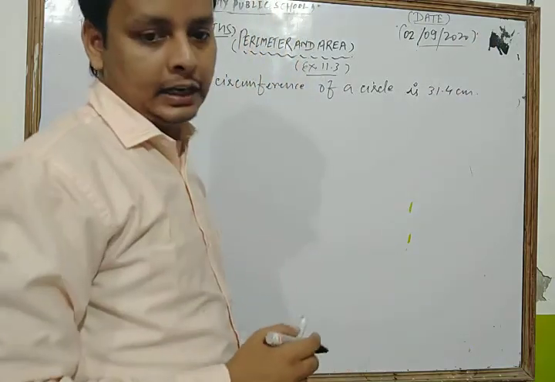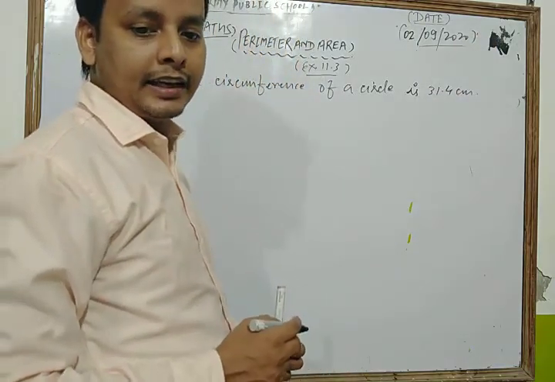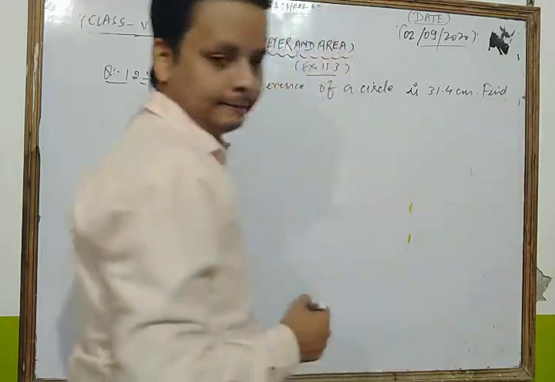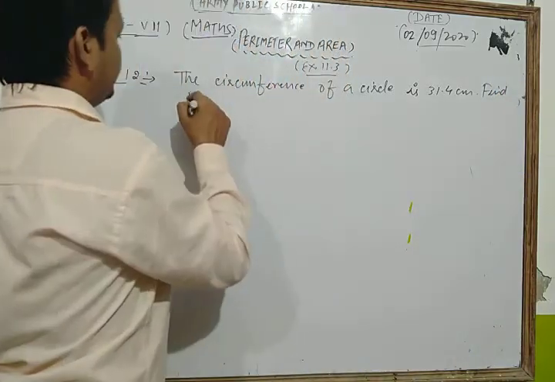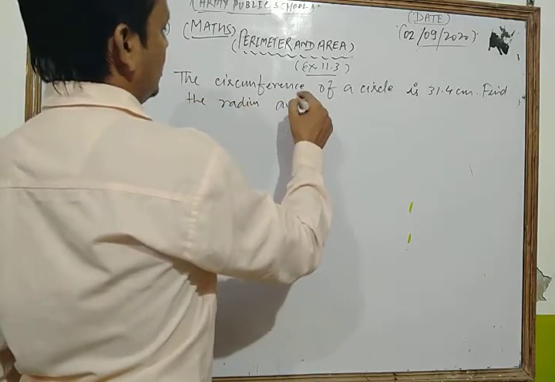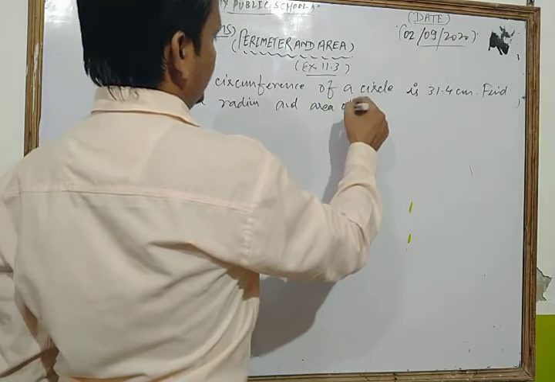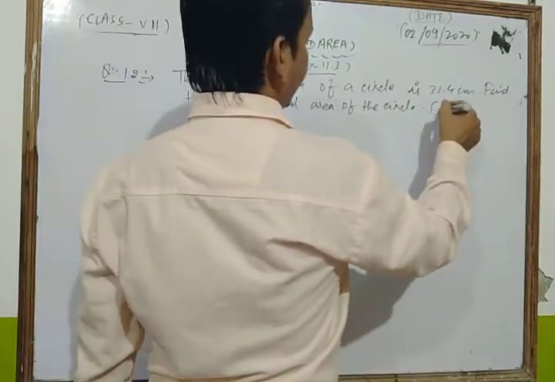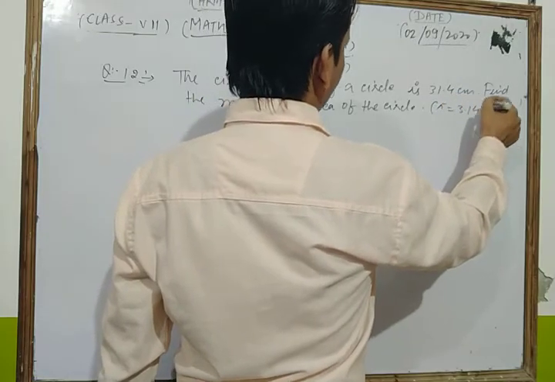Find the radius and the area of the circle. And we take the value of pi as 3.14 according to this question.